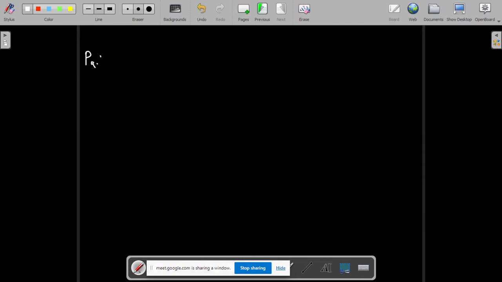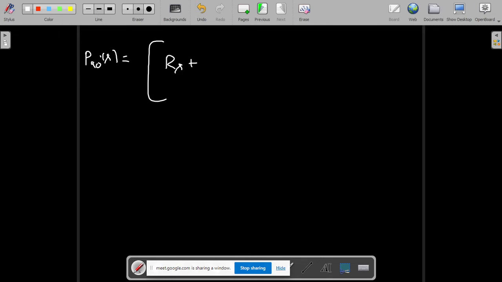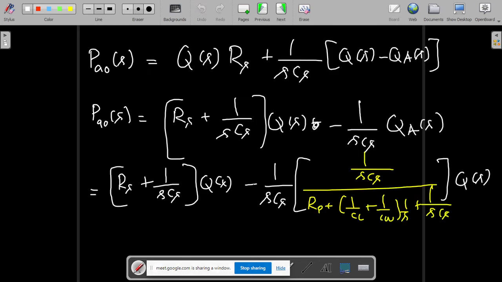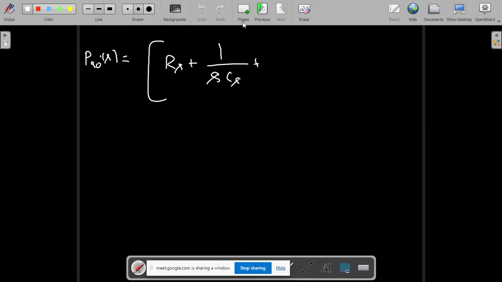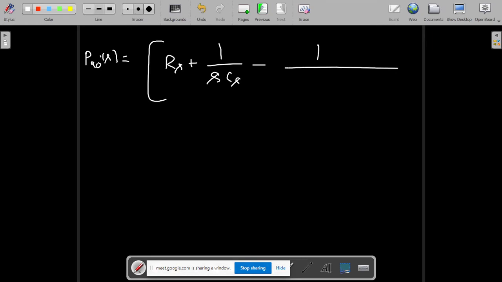So I'll just put PAO of S is equivalent to RS plus 1 by SCS, minus, I can just put it as 1 by S square CS square into RP plus 1 by CL plus 1 by CW into 1 by S plus 1 by SCS.